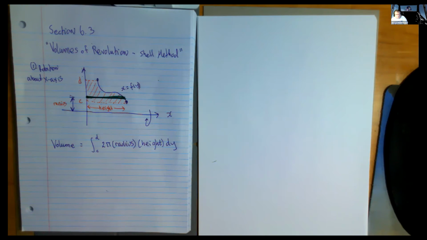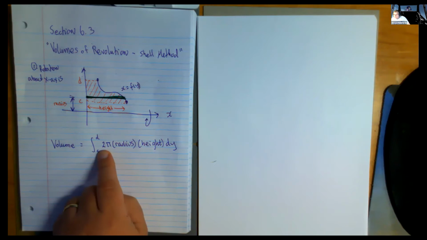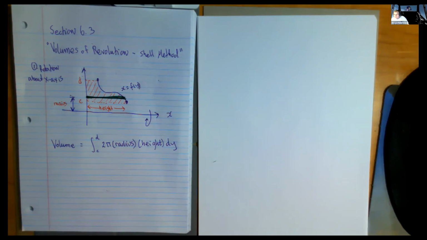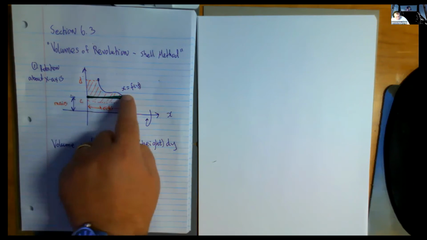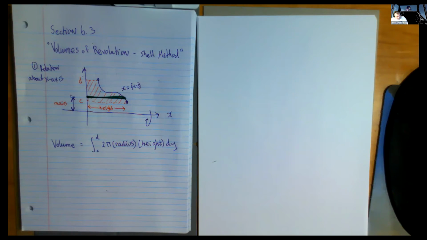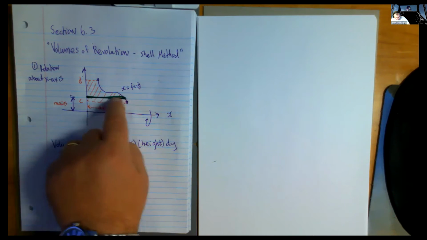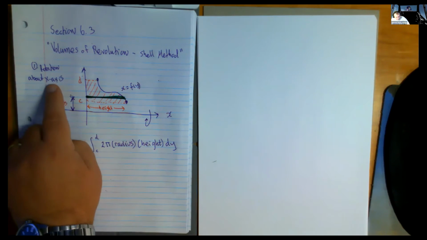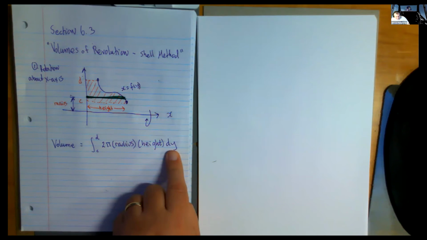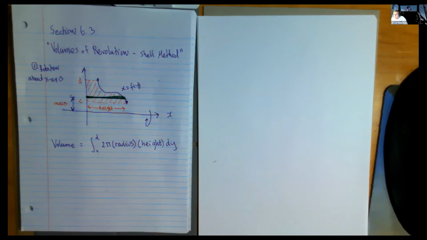Well, the first thing to notice is that the formula is very similar, isn't it? 2 pi radius height. The radius is the distance from the rectangle to the axis of rotation. And the height is how long the rectangle is. When you rotate something about the x-axis, do you notice that everything is in terms of y?